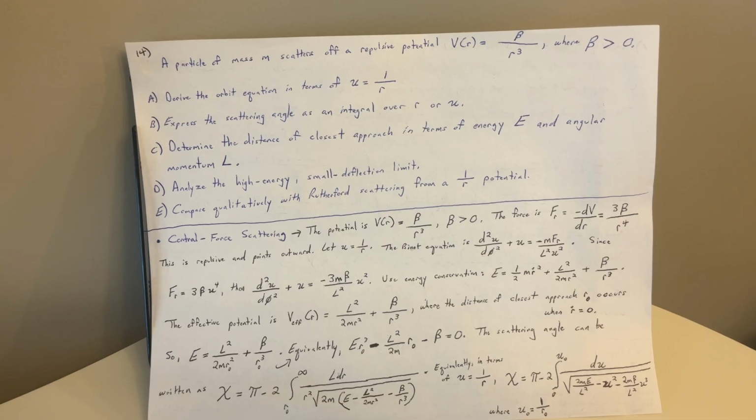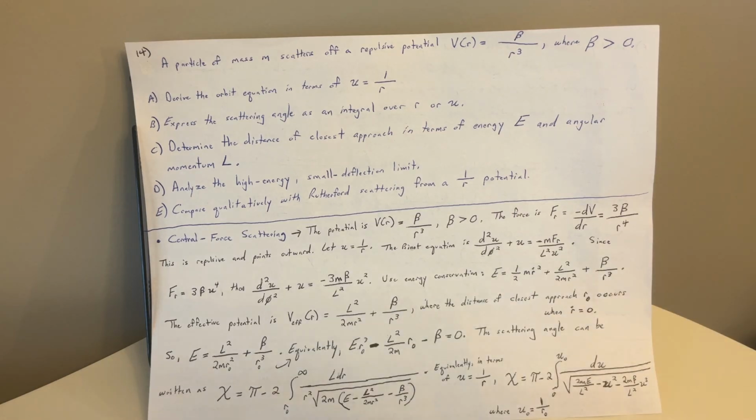And using energy conservation here, E equals 1/2 m r dot squared plus L squared over 2m r squared plus beta over r cubed. Building on that, the effective potential is V sub eff of r equals L squared over 2m r squared plus beta over r cubed, where the distance of closest approach, r naught, occurs when r dot equals 0.